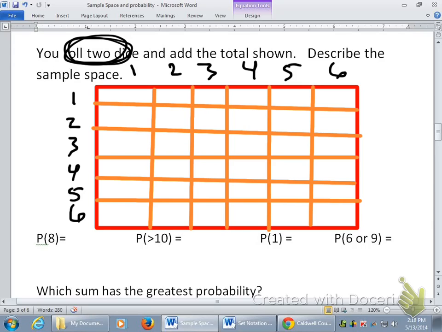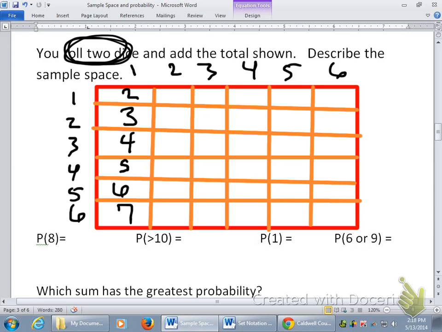All right. So what we can do at this point is just create a little table, and you could tell me the sum, because remember, I'm supposed to add the 2 together. So if I had a 1 plus a 1, that'd give me a 2, right? And if my first dice was a 1 and my second dice was a 2, my sum would be a 3. And if the first dice was a 1 and the second dice was a 3, and a 1 and a 4, you can see the pattern.